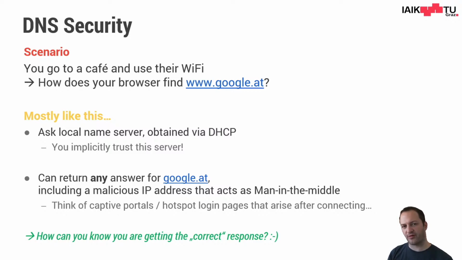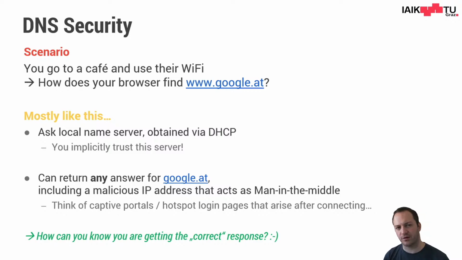If you're within such a hotel or an airplane, for example, and they're using such a captive portal, hotspot login page, or even McDonald's, they're also using this. If you try to ping some arbitrary website, what you will see is the IP address of the captive portal. This is how they bring you to that page, essentially.